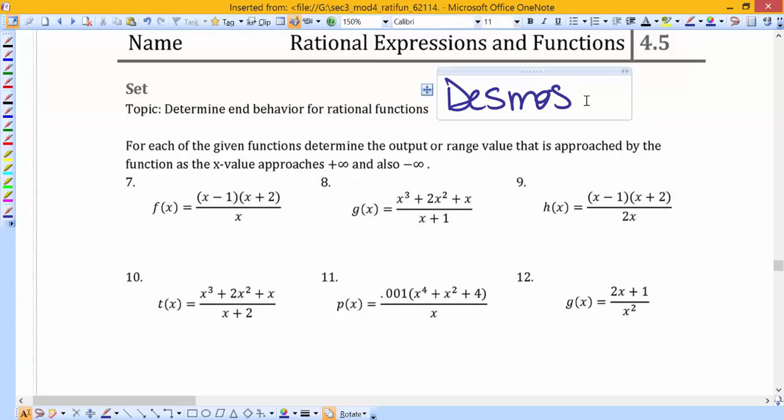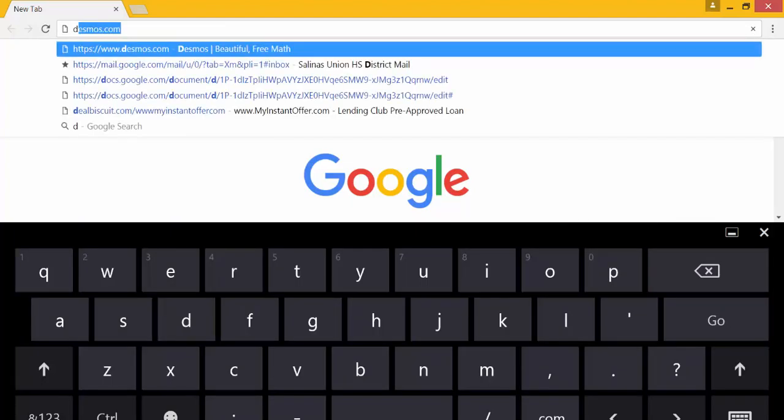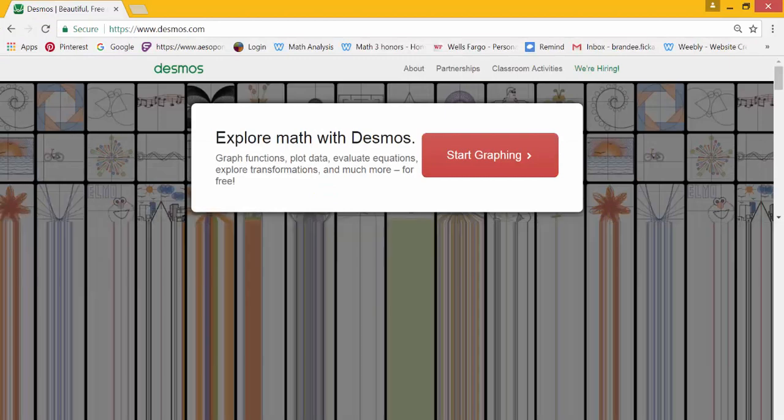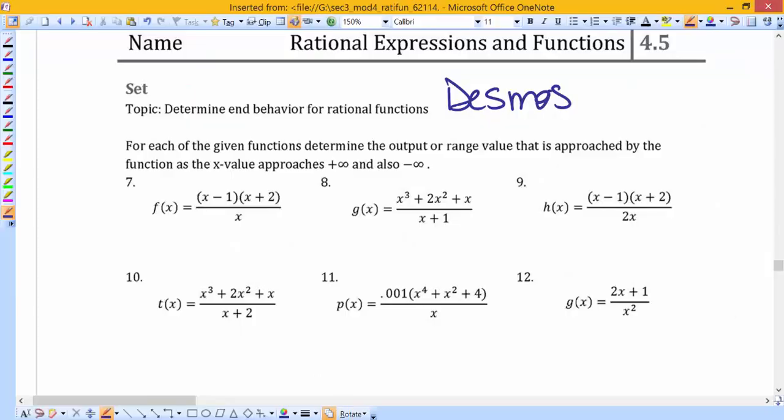So in Desmos, if I were to type this in, actually let me go ahead and bring up Desmos. Okay, so my equation was x minus 1 and x plus 2.